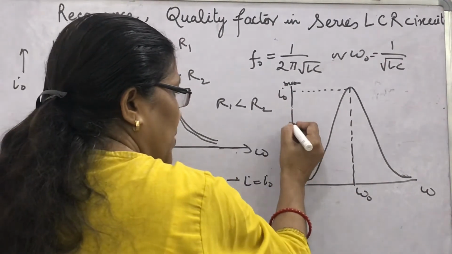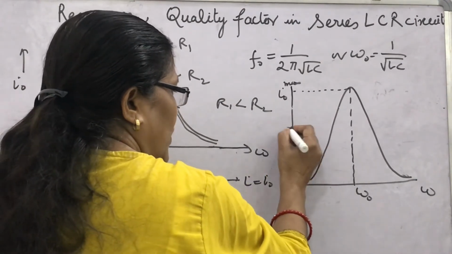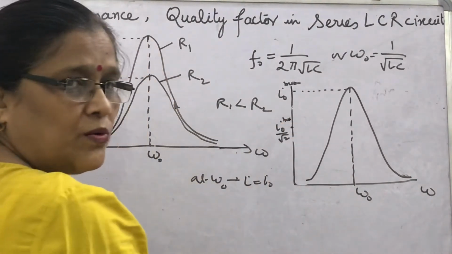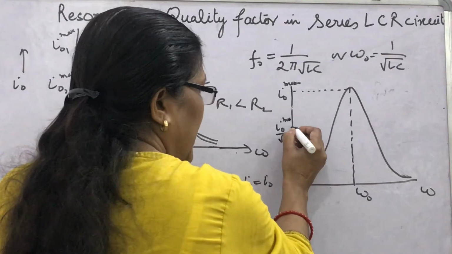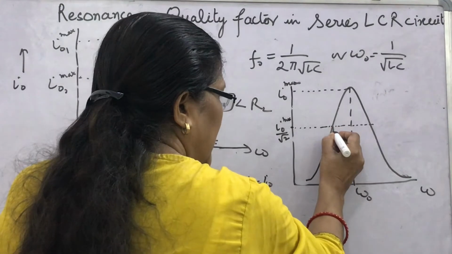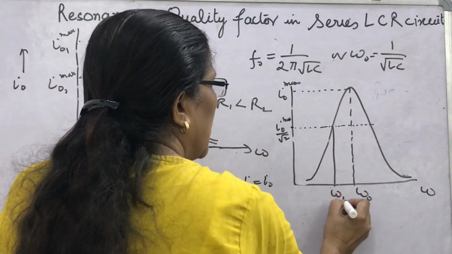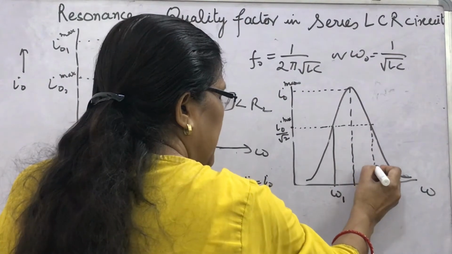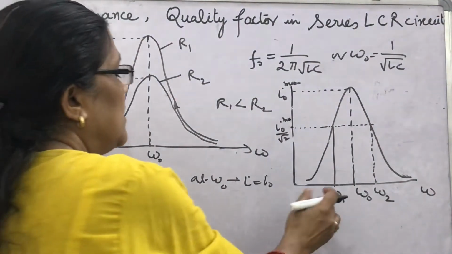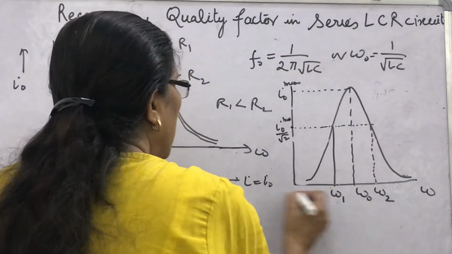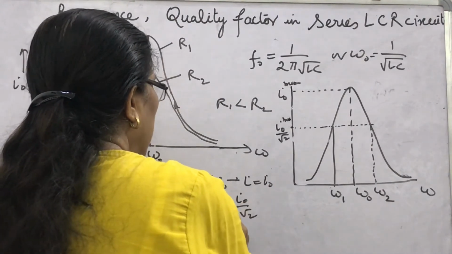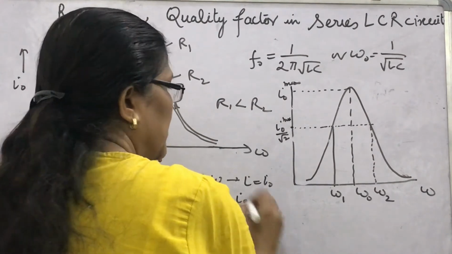If we take a point on the y-axis for which the current is I naught maximum upon root 2, what is this? RMS. You find that there are two frequency values. Here you can write omega 1, and symmetrical to omega naught on the other side, omega 2. At omega 1, the current is I naught by root 2, and at omega 2 the same current is I naught by root 2.